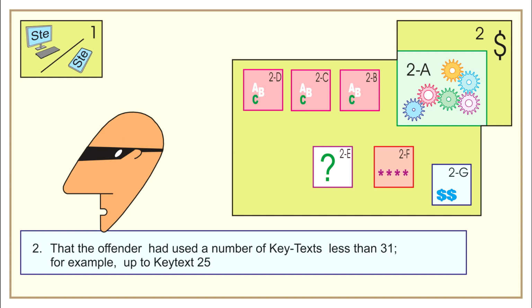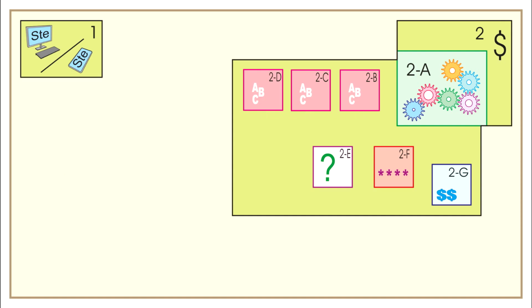In which case, the key text departments will send the key texts from 26 to 31. Both in one case and in the other, department 2A cannot decipher the payment order.